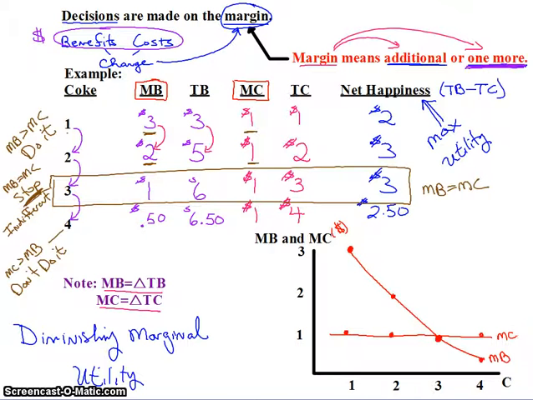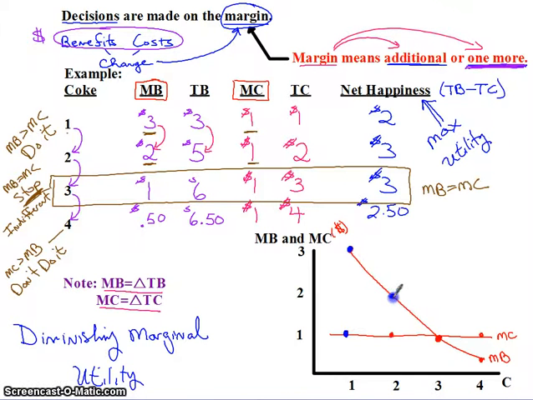Now, remember what our rule was. Whenever the marginal benefits are greater than the marginal cost, then we engage in the behavior. So Coke number 1, do I buy it? Yes. Why? Because the marginal benefits are greater than the marginal costs. How about Coke number 2? Do I buy Coke number 2? Yes, I do. Why?